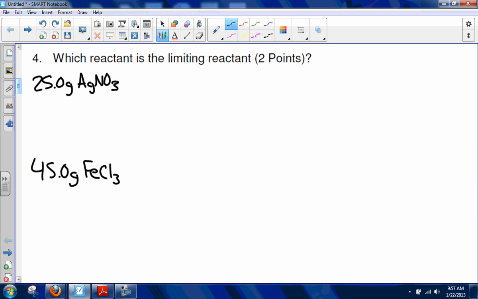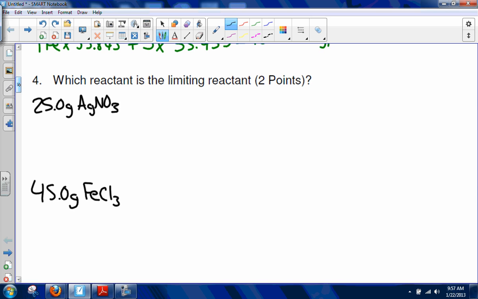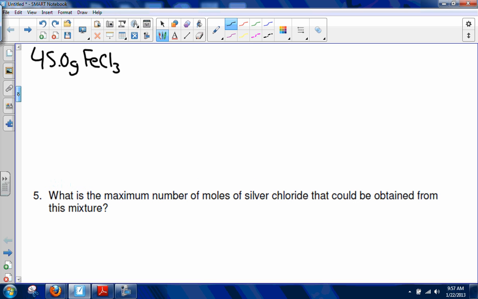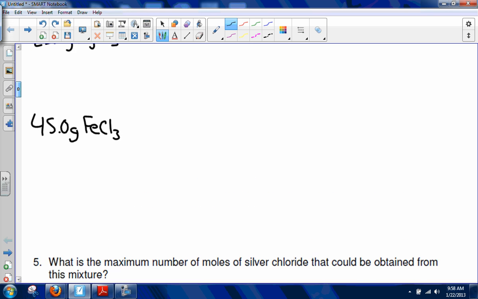Now, I know I've got to go to one of my products, but I don't know which one. So I'm going to read on to the test, and it tells me which one I'm going to go to. Number 5 says, what's the maximum number of moles of silver chloride that could be obtained from this mixture? So I'm going to go to moles of silver chloride.